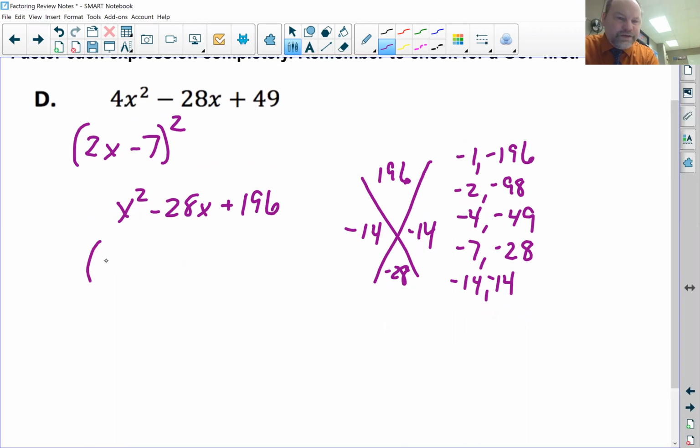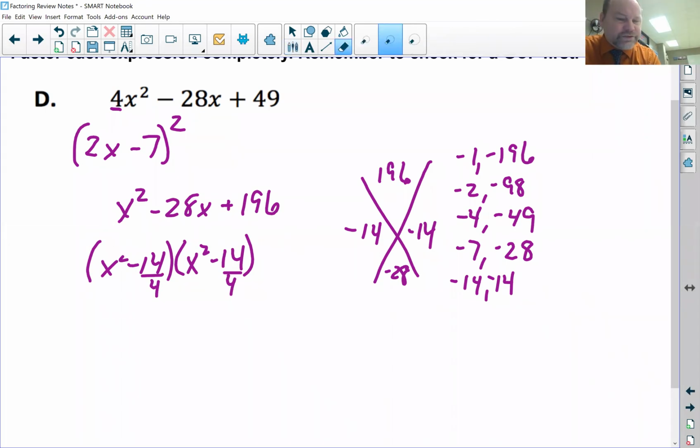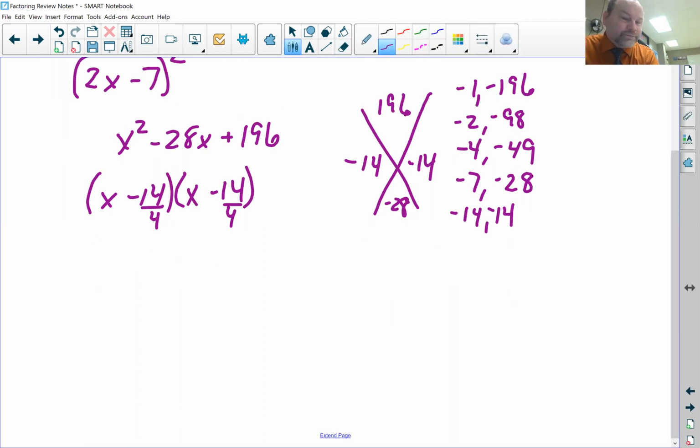So this would be x minus 14, x minus 14, and you can see that we have the same factors, but to get those factors, we ended up multiplying by 4. So we need to divide by 4. I shouldn't have put the x squareds. It should have just been x. Sorry about that. There is a number that divides evenly into both 14 and 4.